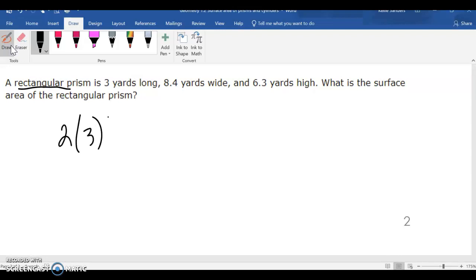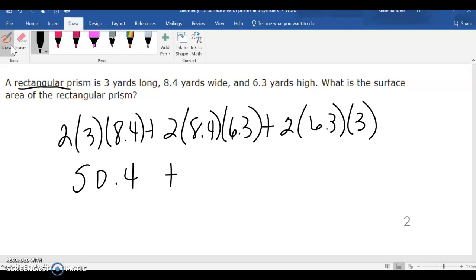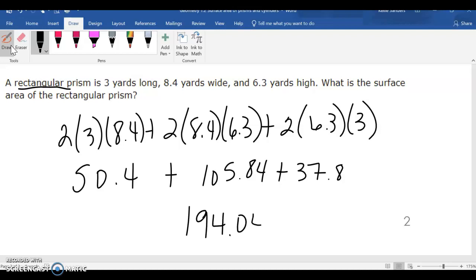So 2 times 3 times 8.4 plus 2 times 8.4 times 6.3 plus 2 times 6.3 times 3. That's 194.04 yards squared.